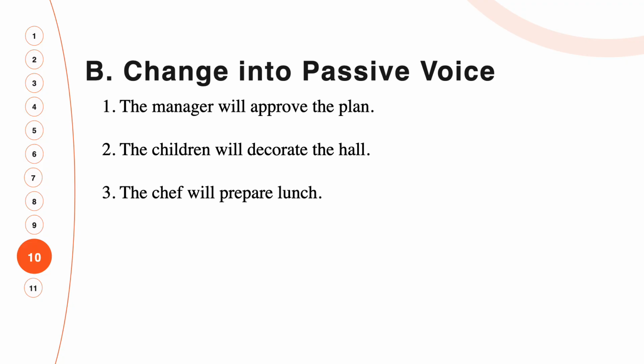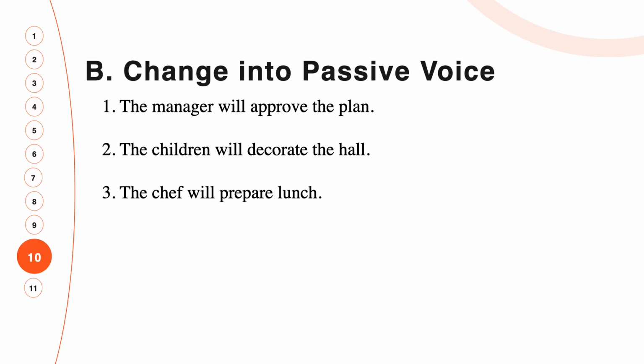So first one is, the manager will approve the plan. Now to turn it into a passive voice, you have to bring the doer in the last part of the sentence. Then the sentence will change into, the plan will be approved by the manager.